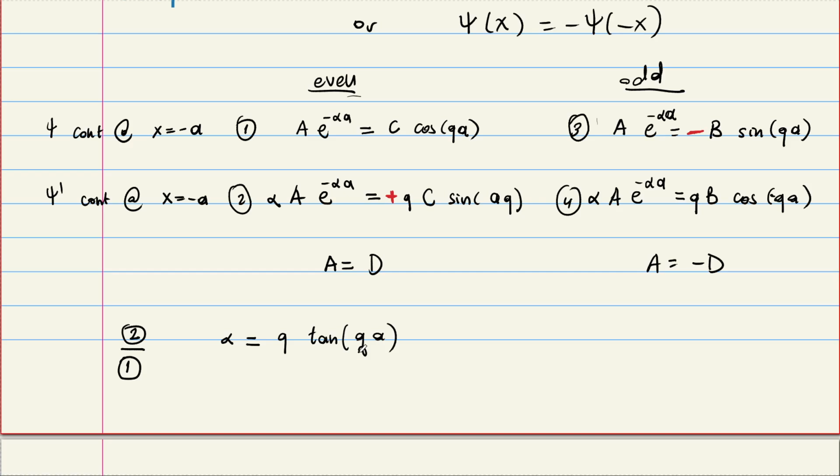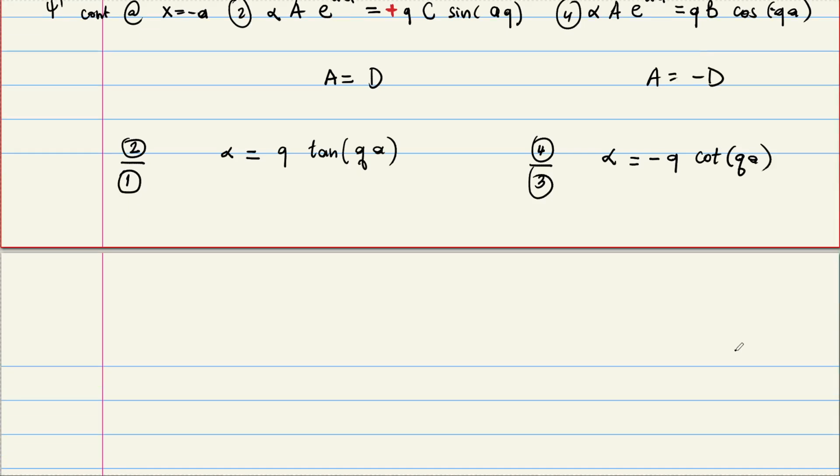Good. And similarly, let's divide 4 by 3, and these guys cancel, alpha is equal to minus q, cosine divided by sine is cotangent, q times a. Good? Yes.